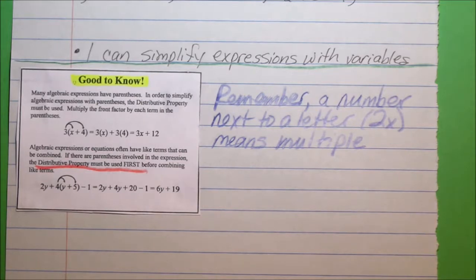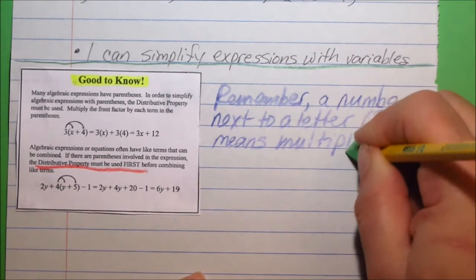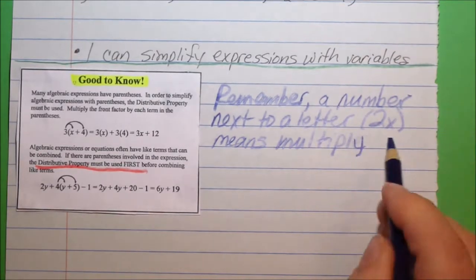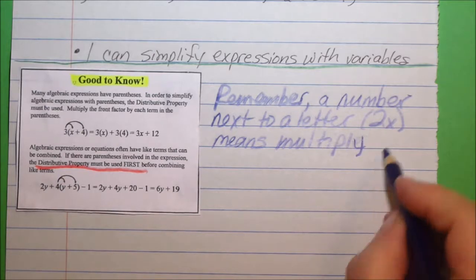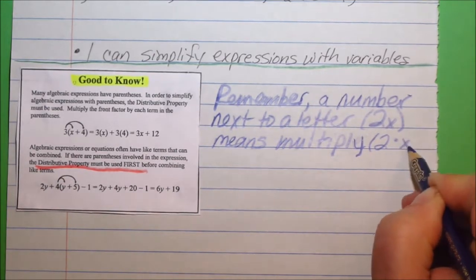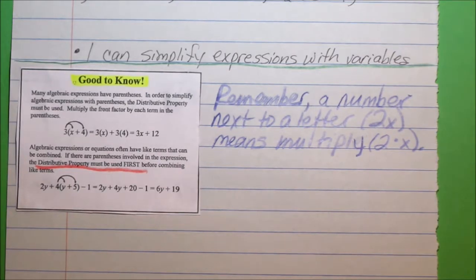Multiply, let's see if I can get that erased at all. All right, multiply. Okay, a number next to a letter like that means multiply. For example, 2 times x. All right? That'll be important now when we're using the distributive property with variables.